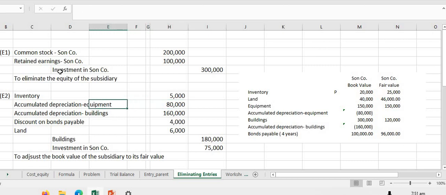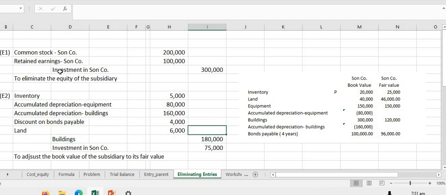Then our building is overvalued, so let's review its accumulated depreciation and the building account to become 120,000. That's 300 minus 120, so the building account shall be reduced by 180,000.